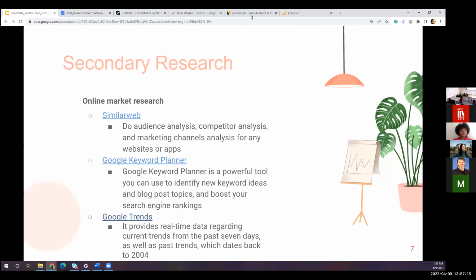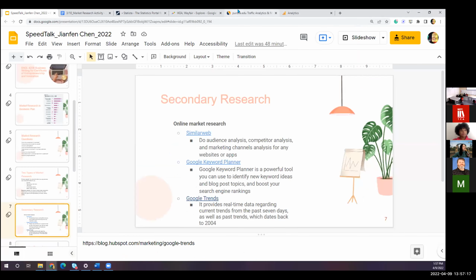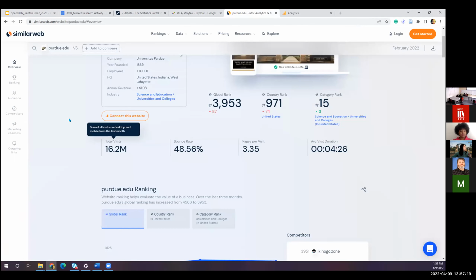I'll show you, I think this is the Similarweb. So I think we are on the Similarweb page. Actually, I use the Purdue University example and show them what Similarweb can provide them.